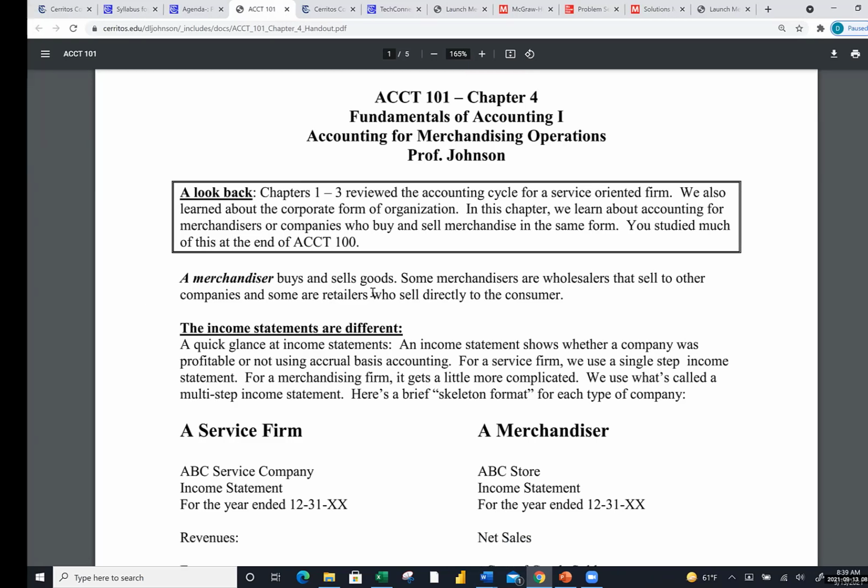Okay, on the handouts, what I try and do is I try and take a look back, and then I try and take a look forward on how this chapter is going to help us make our way through this accounting journey. So we've looked at 3 chapters, which pretty much reviewed the accounting cycle for a service-oriented firm. And really, this first test that we took should have been mostly a review of Accounting 100.